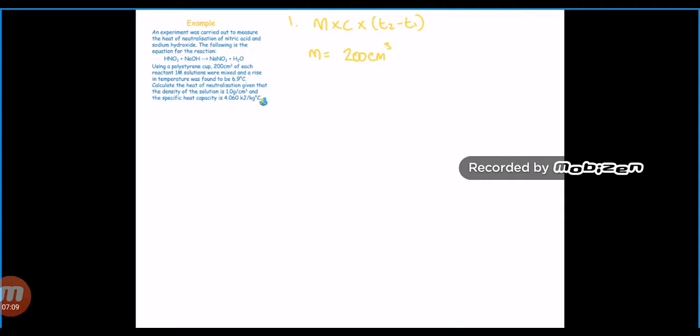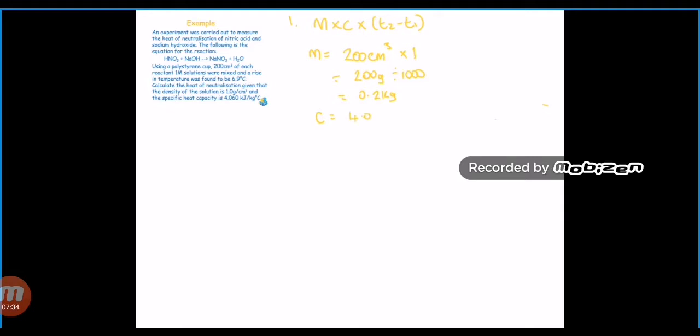So if we do volume by density, we can find the mass. So that gives us 200 grams, but we want that in kilograms, so we have to divide by 1000, so we get 0.2 kilograms.